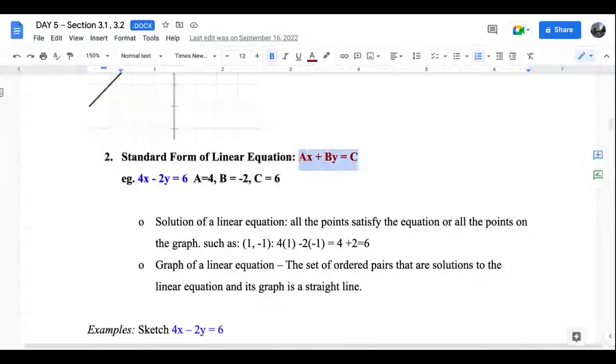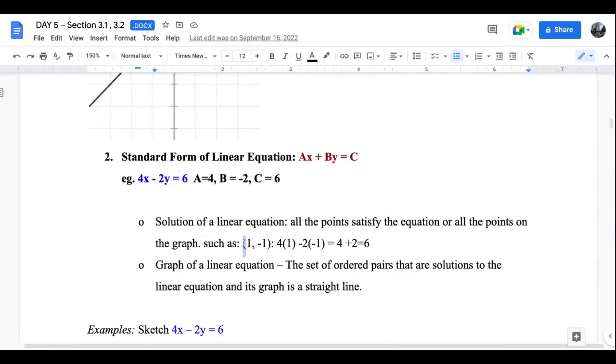And for a linear equation, we call ax plus by equals c the standard form. If we have 4x minus 2y equals 6, that means a equals 4, b equals -2, and c equals 6. So we call this a standard form, just a name, okay? And the solution of a linear equation means all the points on the line, or any point on the line.